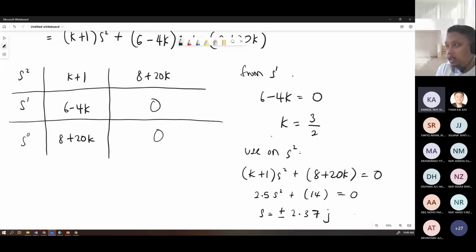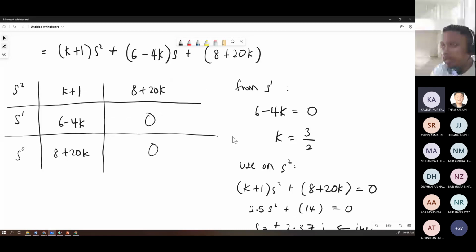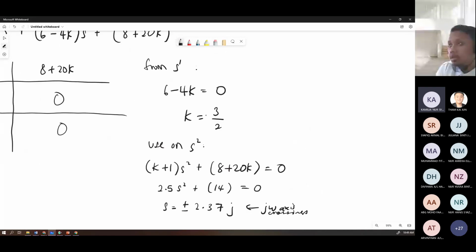Okay, so this is the J omega axis crossing. And then this is the K value, K at J omega axis crossing. Okay, so we answered this question.